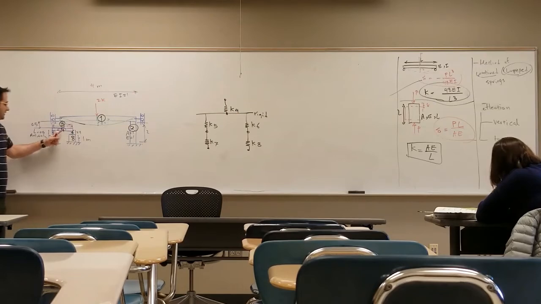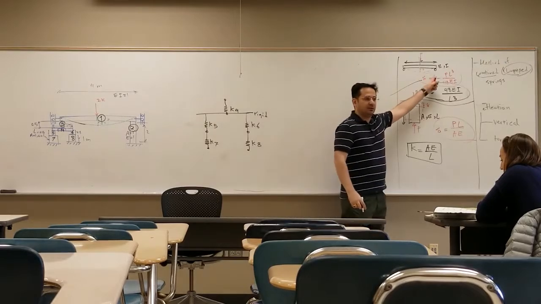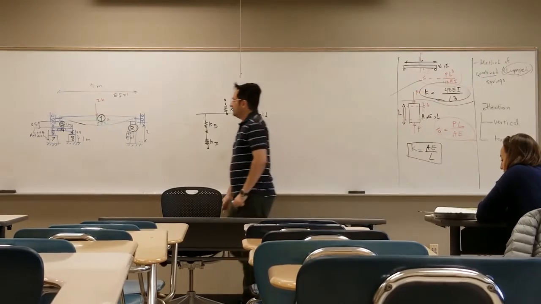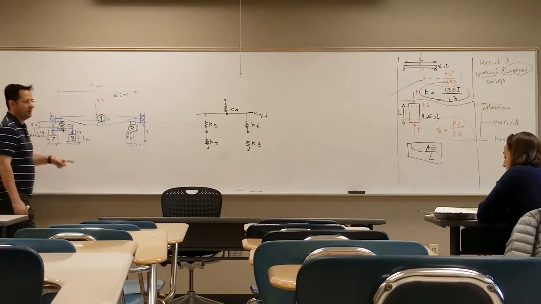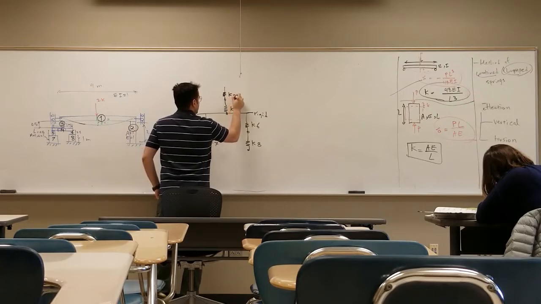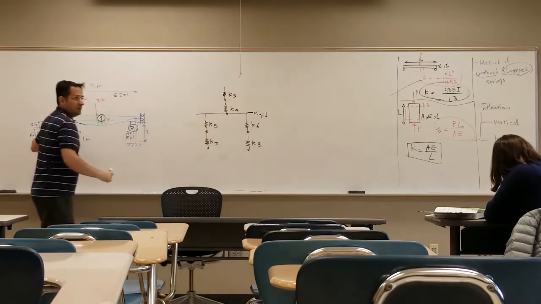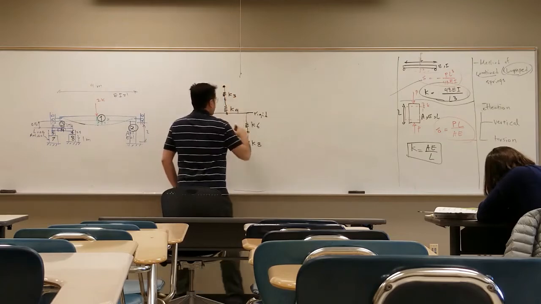This K4 is the rigidity of this beam here. And we already have a model for it. Right? Now, what about this guy? K3 in series. Right? And you come to this end.